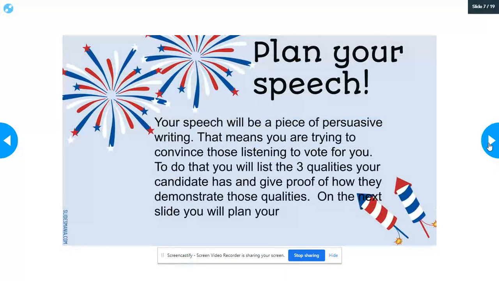Then you're going to plan your speech. That means you're trying to convince people to vote for you because it is a persuasive essay. So you're wanting to convince people that your little stuffed animal should be the class president. So after you've picked those 3 qualities, then you're going to go in and demonstrate how they show those qualities, and that's going to help you plan your speech.